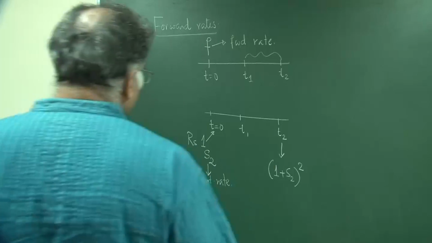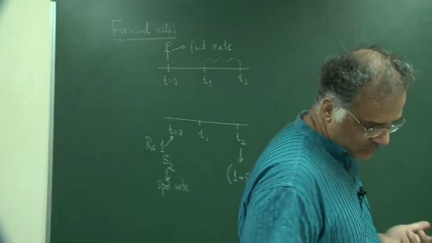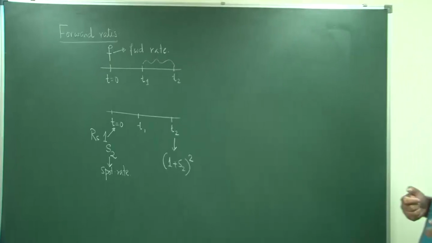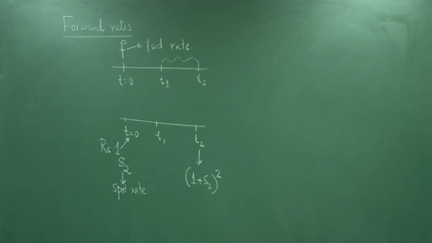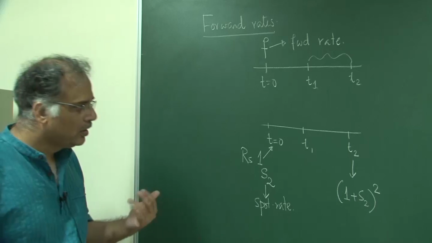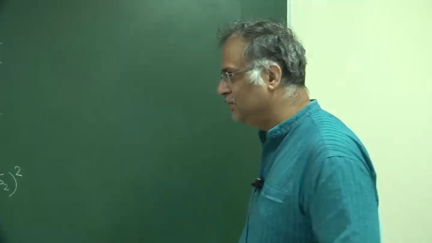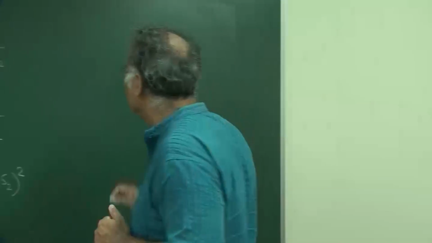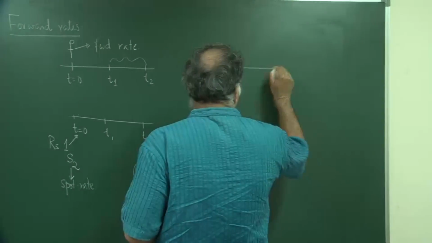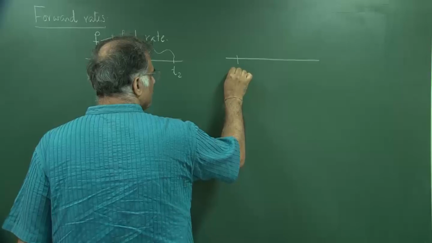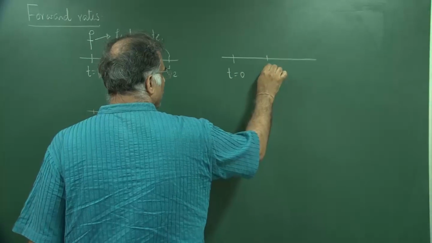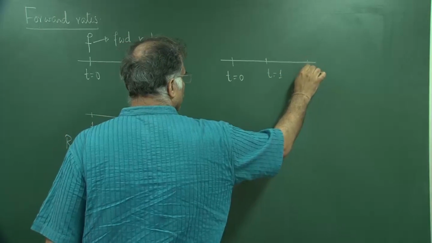Now instead of doing that, we do something else. We might do something very funny. We might be more of a business type, and say okay, let me do something. t equal to 0, t equal to 1, t equal to 2.